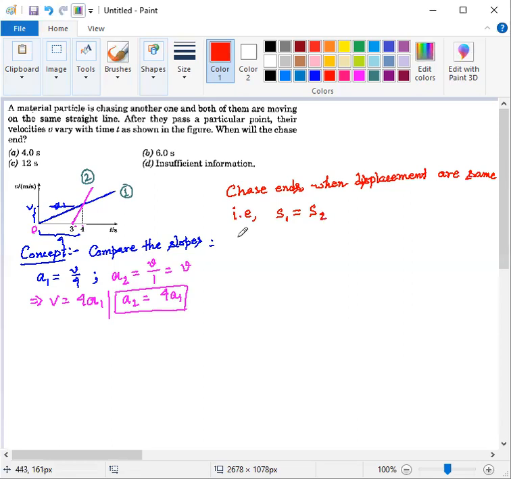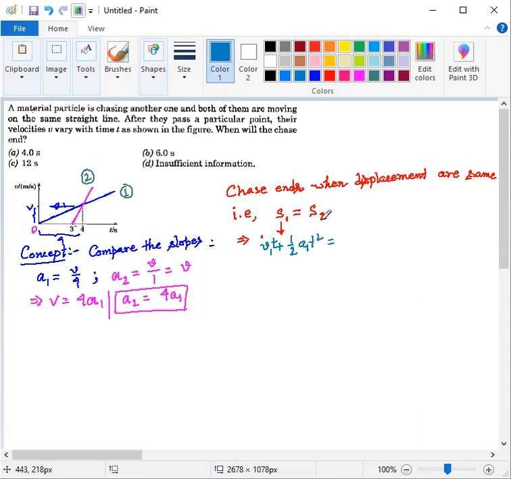Now we can write the kinematic equation for the displacements. S1 equals V1t plus half A1 t square.